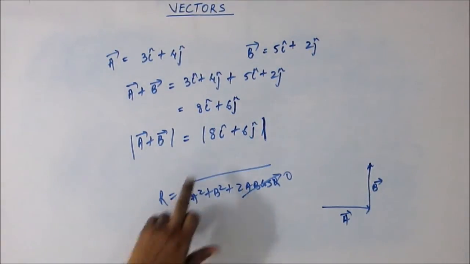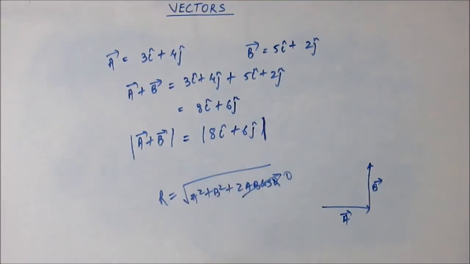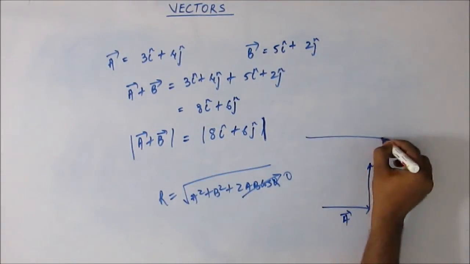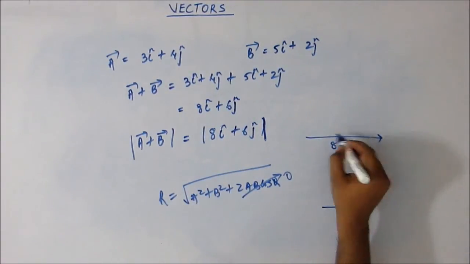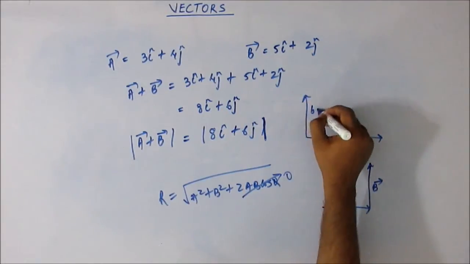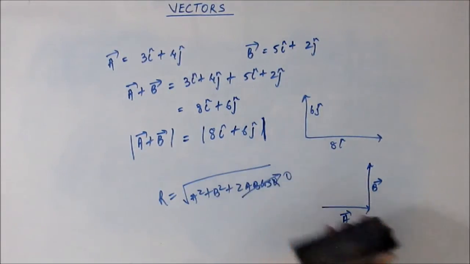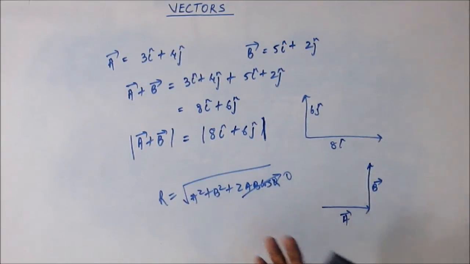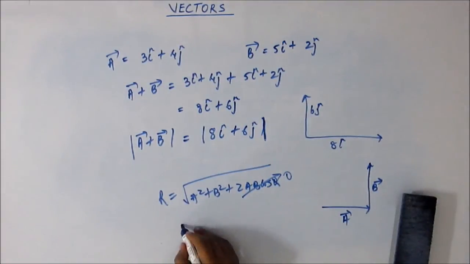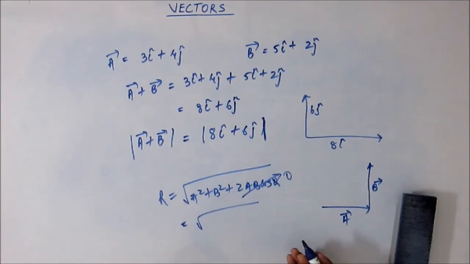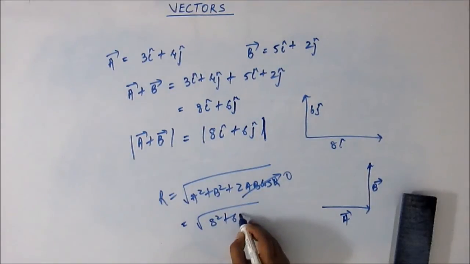Similarly here we have two vectors, 8 i cap and 6 j cap. They are perpendicular vectors. i cap is along x-axis, j cap is along y-axis. So the magnitude of 8 i cap plus 6 j cap will be simply root over A square plus B square, 8 square plus 6 square.